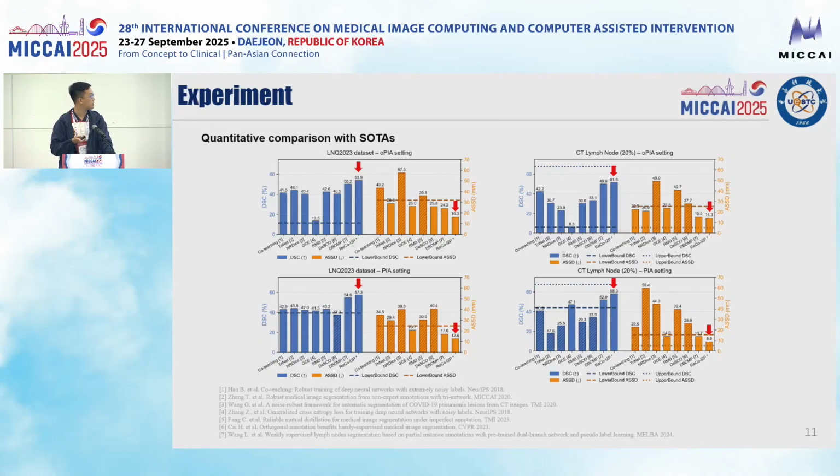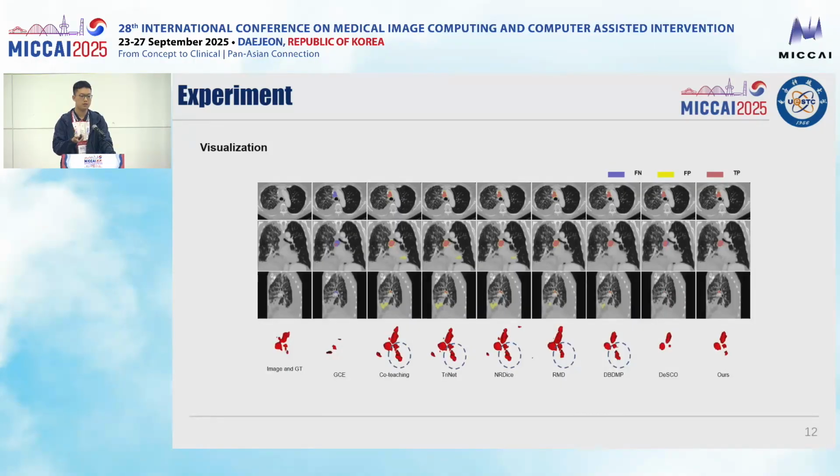And the second row, the partial instance annotation, is for a fair comparison, because the orthogonal partial instance is extremely sparse and extremely difficult for the other compared methods. Here is the visualization of our method. We can see our method has more instance-level recall and fewer false positive predictions.